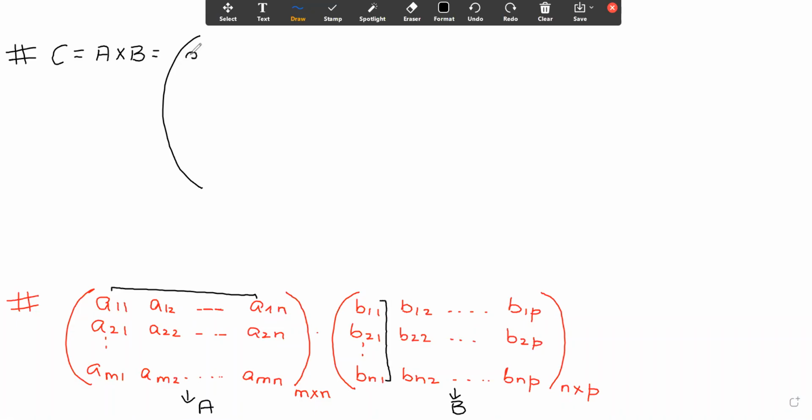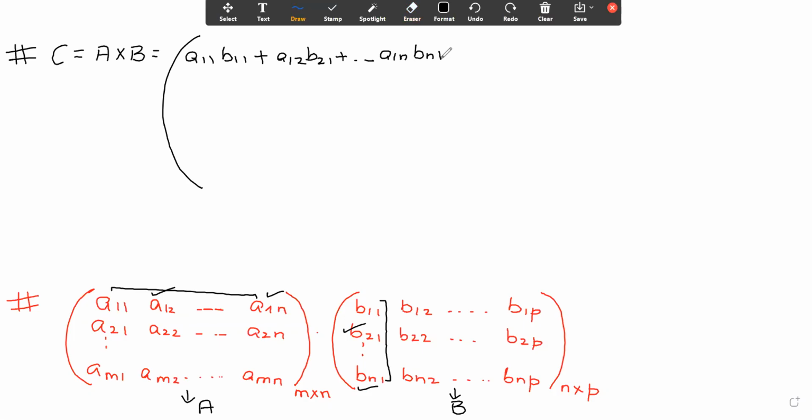So see, A11 into B11 plus A12 into B21, and I can extend it to A1n into Bn1. This is, guys, just one element we have got.